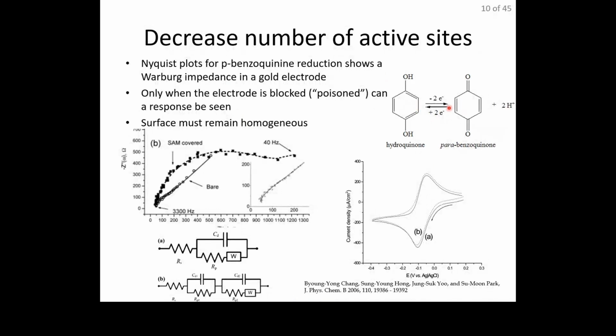So in effect, what you do is you decrease the number of sites available for that reaction to occur, and all of a sudden you actually see some sort of difference, and you move away from a reaction which is purely predicated by the rate at which you can transport reactant to the surface to one in which you can actually start measuring the electron transfer process.